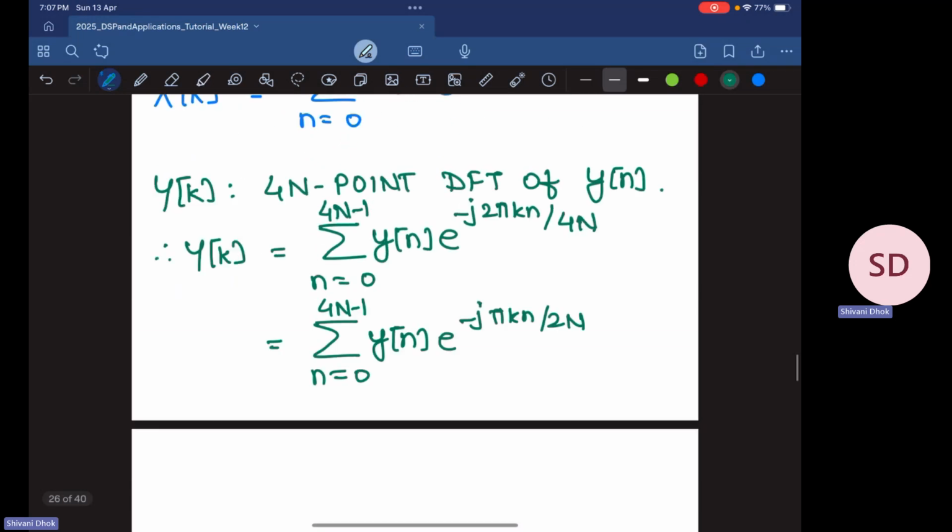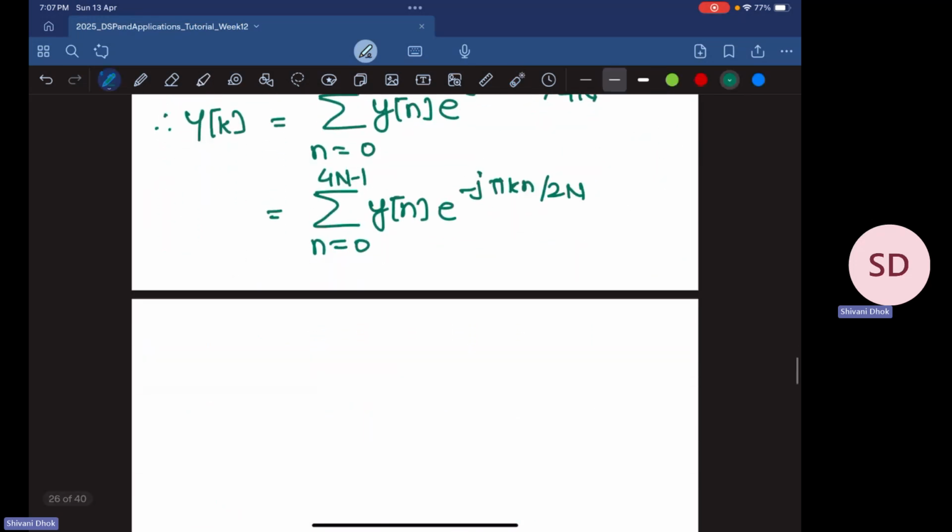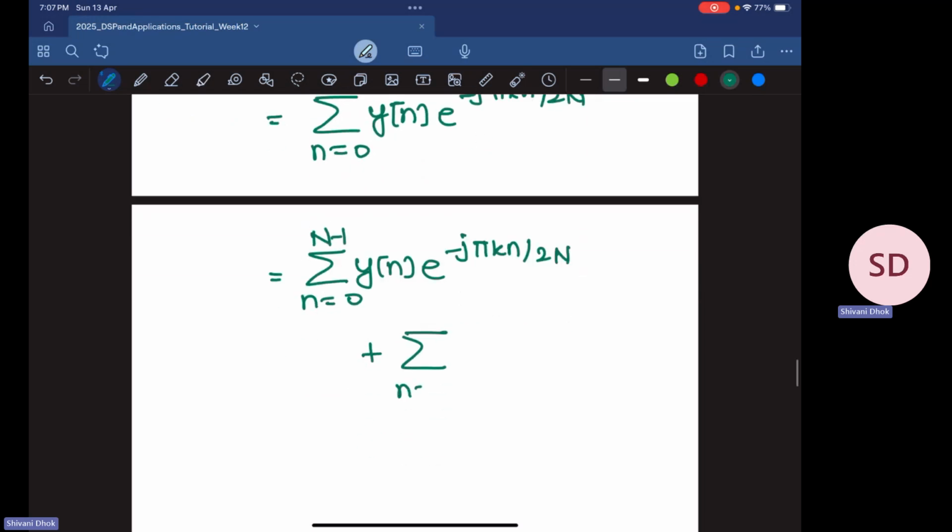Okay. Now by whatever is given to us, y of n is non-zero only for the first N samples, and after that it is 0. So we can split this into two parts. The first will be the summation n running from 0 to N minus 1 of y of n into e power minus j pi k n by 2N, plus the summation n equal to capital N to 4N minus 1 of y of n into e power minus j pi k n by 2N.